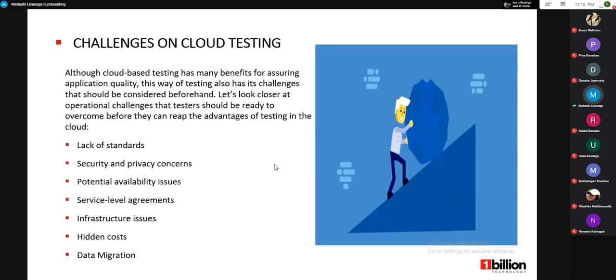Then we have challenges of cloud testing. So far, as we know, there are so many benefits that we can gain from cloud-based testing, but there are some challenges that testers may face. So we have to be ready to overcome the challenges, and we have to find some solutions. So the first one is lack of standards.